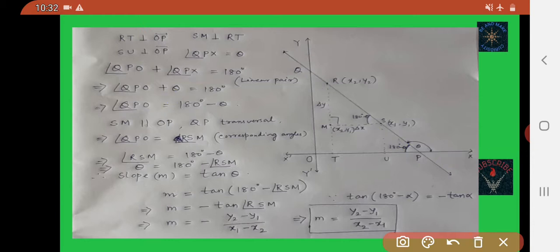Then you get the angle QPO. So QPO is equal to 180 degree minus theta.